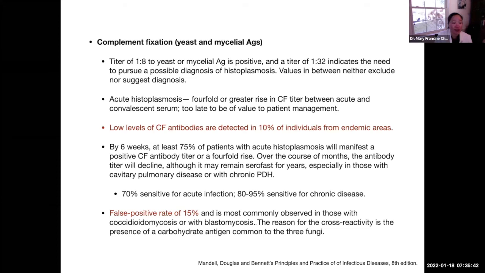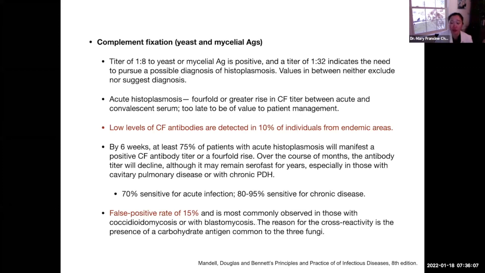So if I had a patient who had a possible CF antibody, then that's something you would have to really take into consideration: this could be just because my patient is from an endemic area and not much other than that.